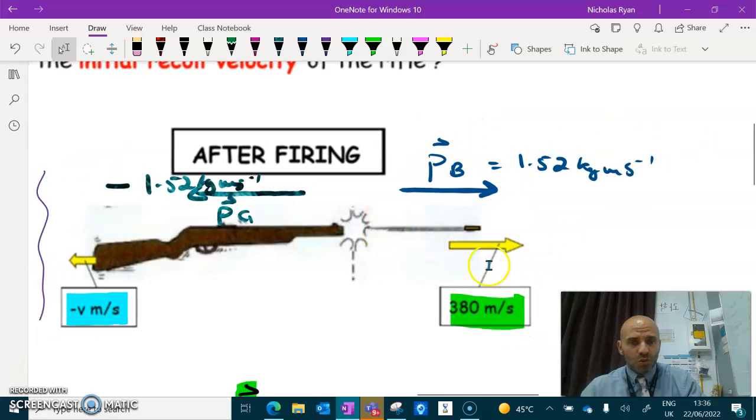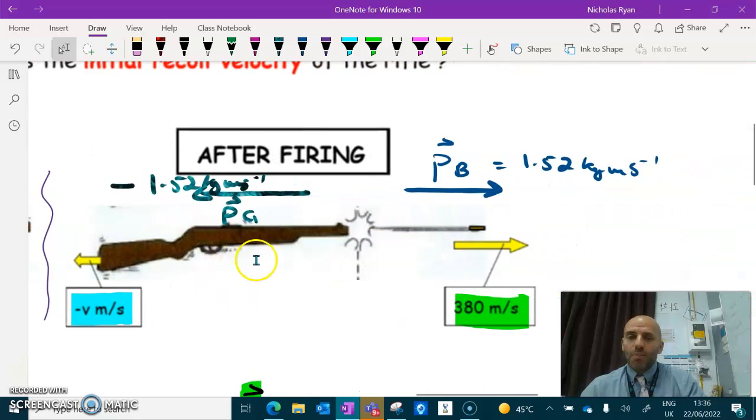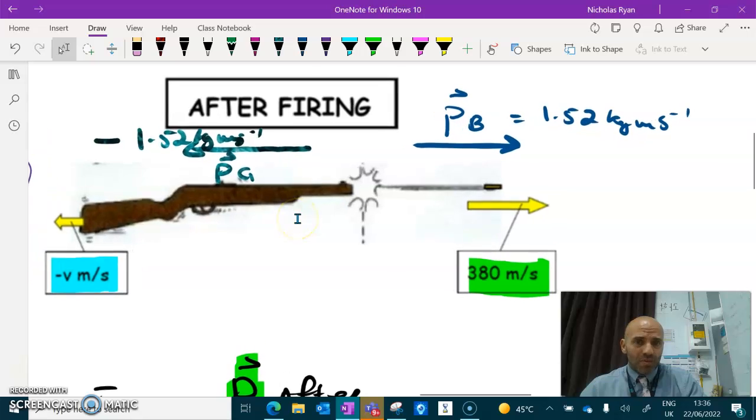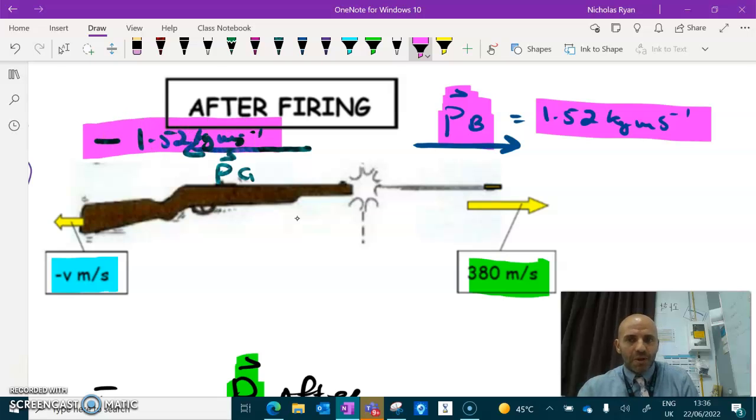The two individual parts of the system, which were together before, are now separated, and each one of them has its own individual momentum. The momentum of the bullet has a positive value of 1.52 kilogram meters per second, and that means that the momentum of the gun must also have the same value, but in the opposite direction.